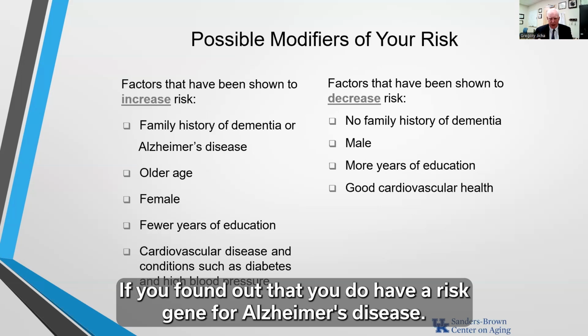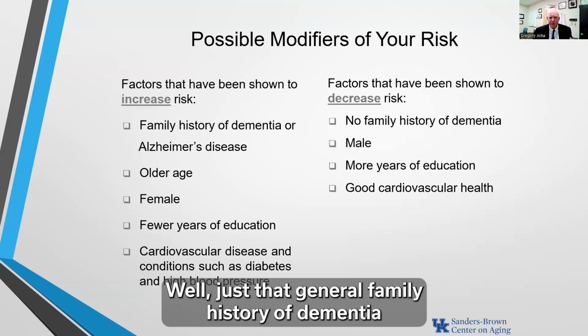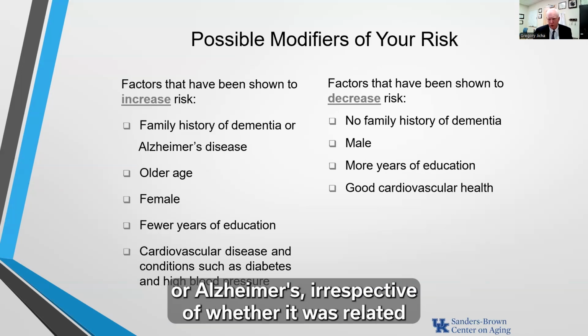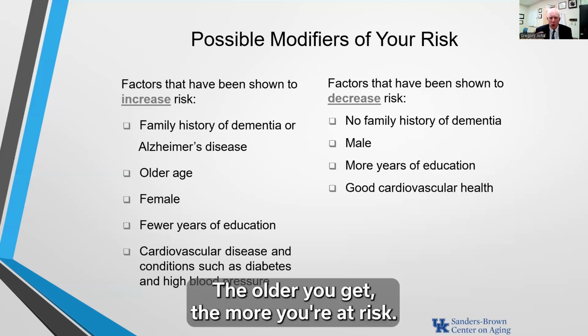If you found out that you do have a risk gene for Alzheimer's disease, well, let's take a look at what else could increase your risk. Well, just that general family history of dementia or Alzheimer's, irrespective of whether it was related to ApoE4, is an increase for your risk. The older you get, the more you're at risk.